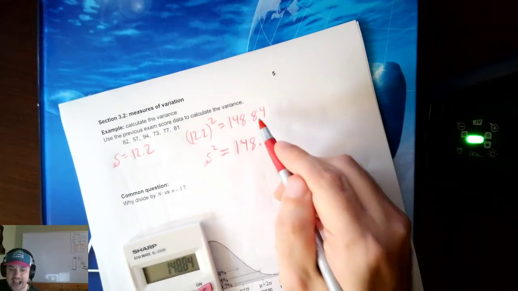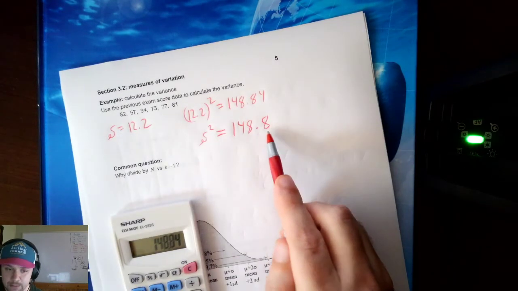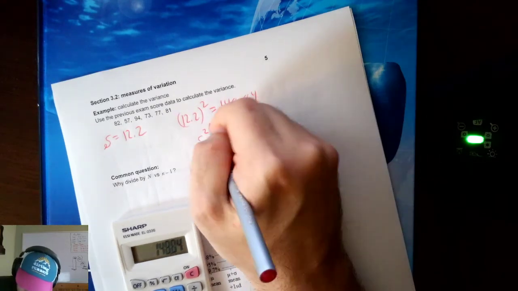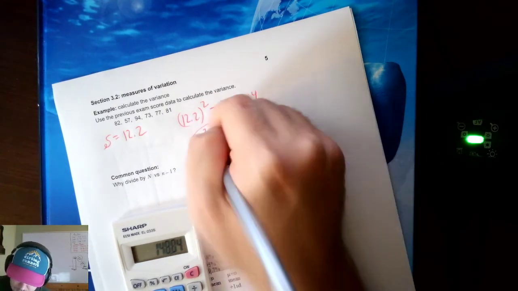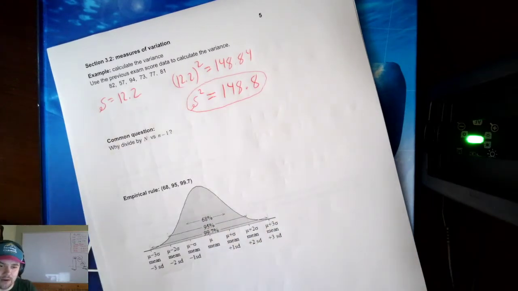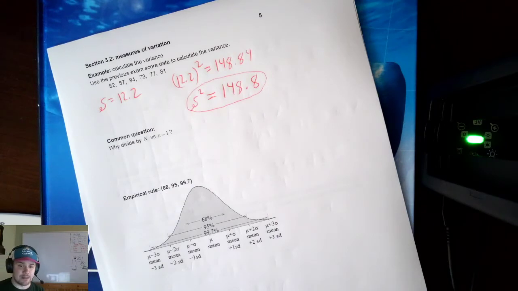I have to round because it's a measure of variation. Round to one decimal place, just like you did for standard deviation. So my answer is 148.8. That is my variance. Now, there were no units, so I don't have to put units on my answer here.